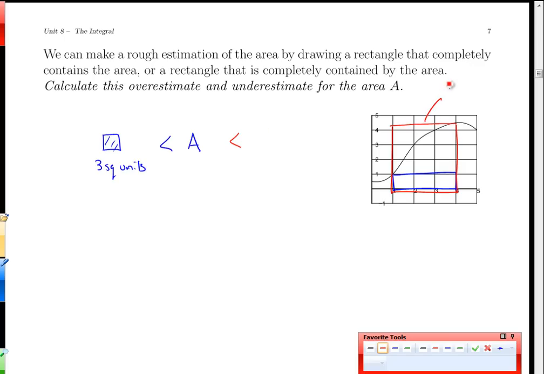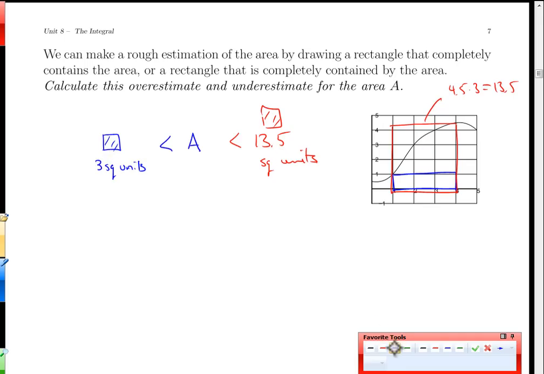So this area, 4.5 times 3, would be 13.5 square units. Okay, so we don't know what A is, but we know that it's bigger than 3 and less than 13.5.